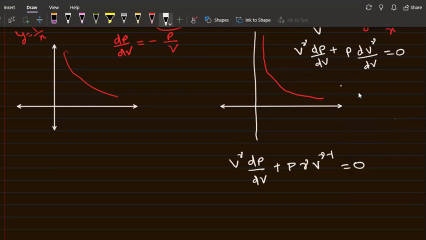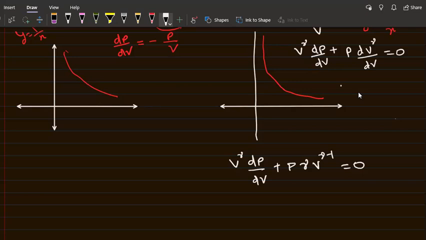Yes or no? Everyone is clear with this concept?